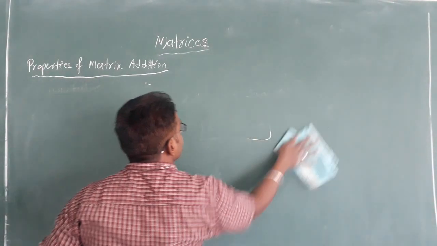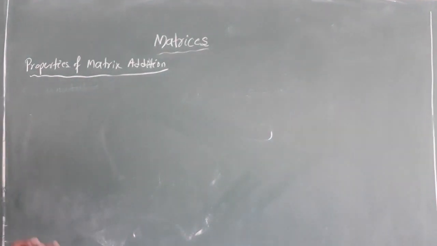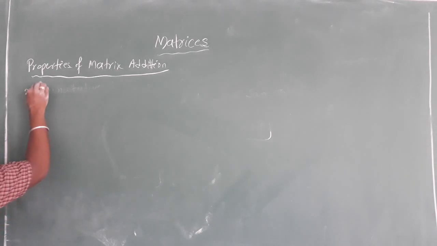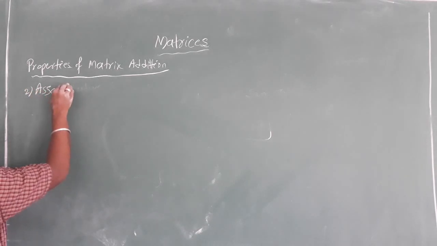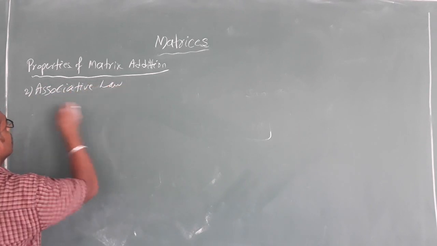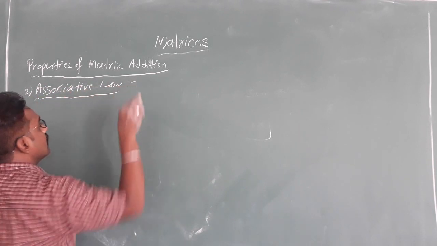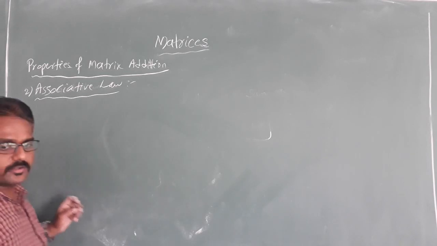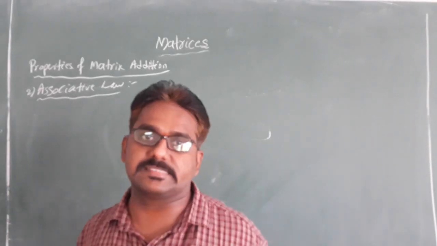Next property is the associative law. For associative, we need three matrices.